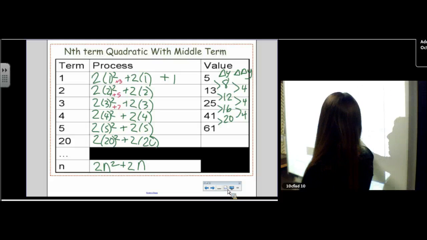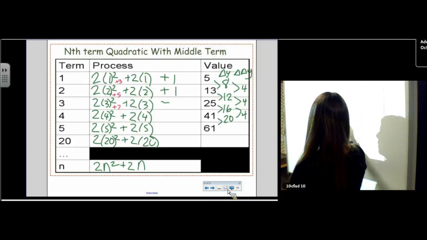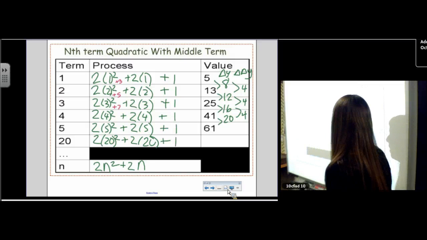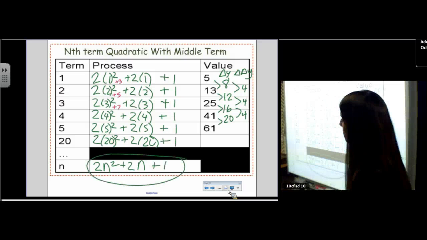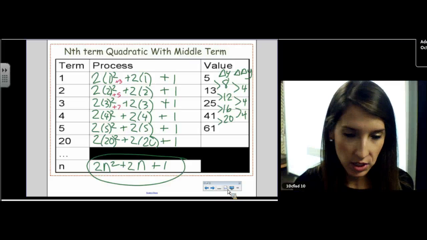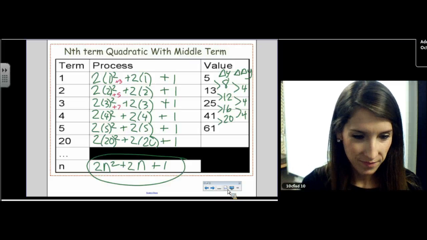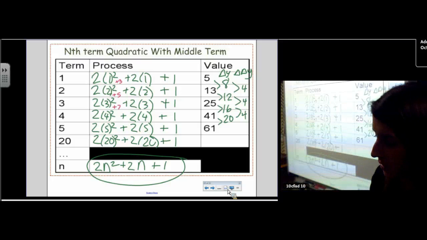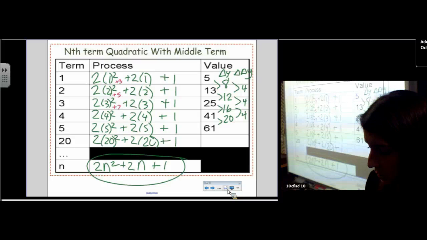How do you make 12 look like 13? Plus 1. And now you're done. That was a weird plus. So our answer to the problem on this one is 2n squared plus 2n plus 1. And our 20th term, let's see, 2 times 20 squared plus 2 times 20 plus 1.